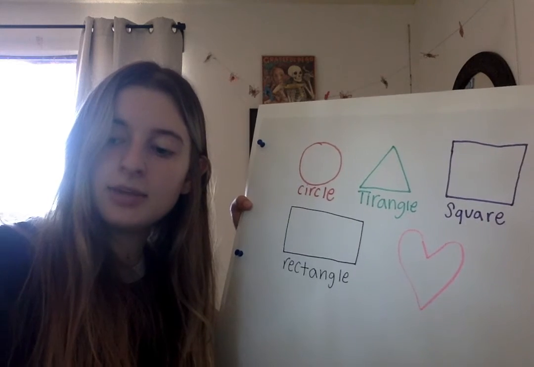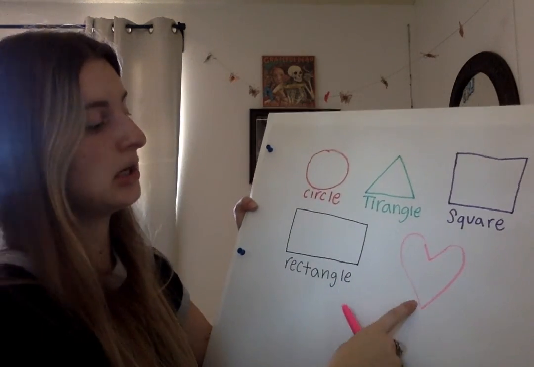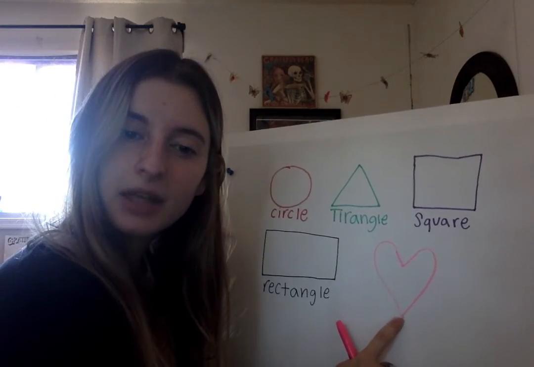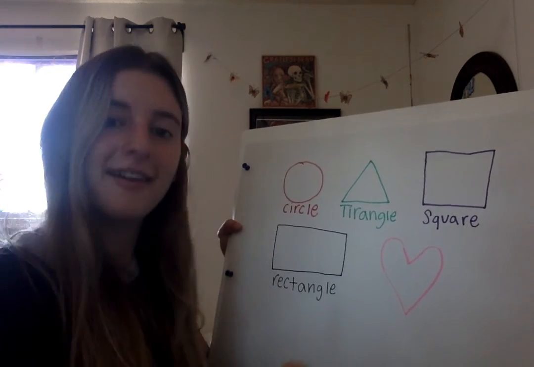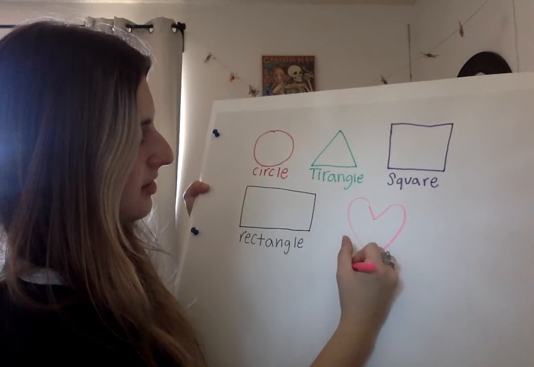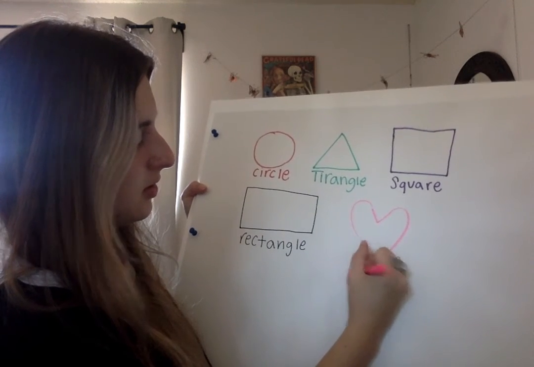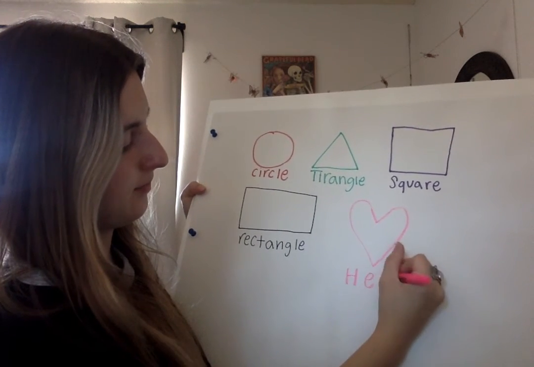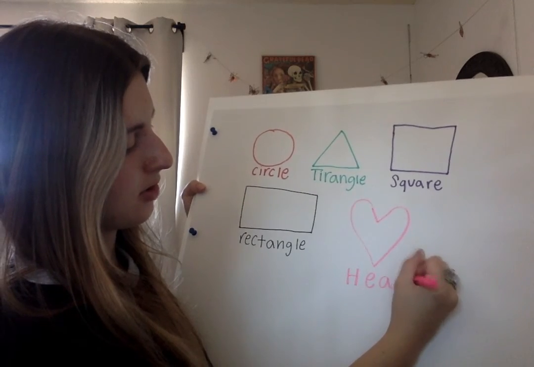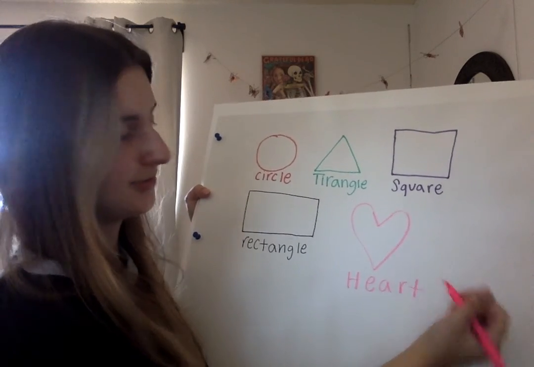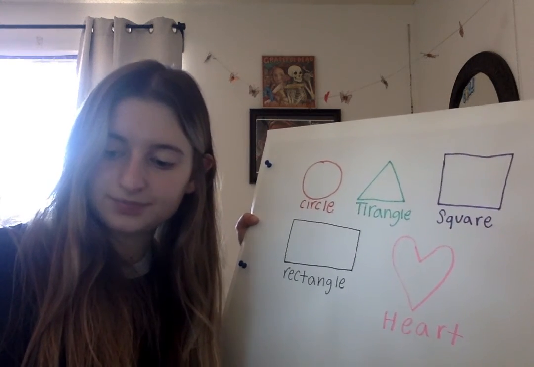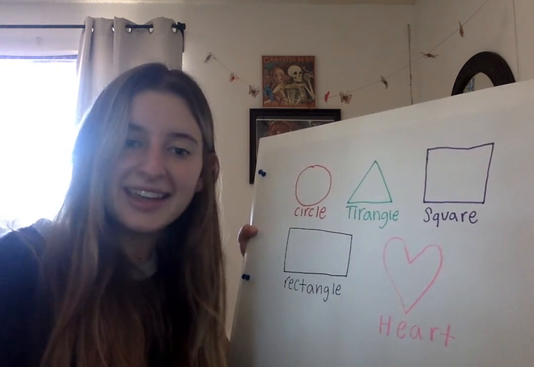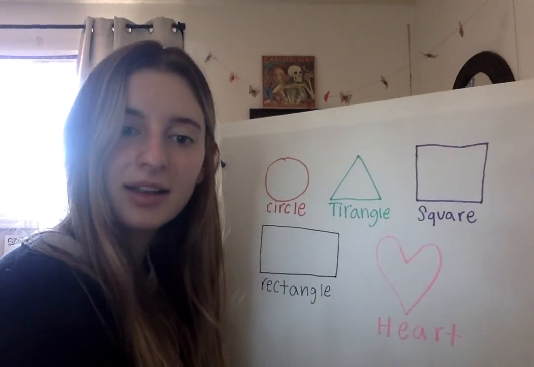And then, can anybody tell me what our last shape is? What's the name of it? Awesome, it is a heart. So it's H-E-A-R-T. Awesome. Thank you guys so much for practicing drawing with me.